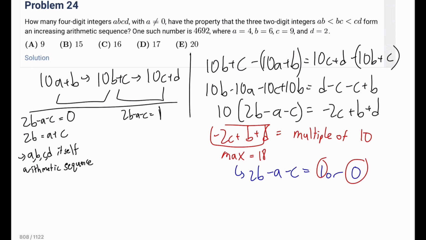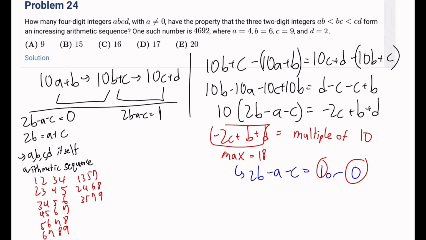And so those values will give us numbers that are 1 2 3 4, or what else can there be? 2 3 4 5, 3 4 5 6, 4 5 6 7, 5 6 7 8, 6 7 8 9, or it could be 1 3 5 7, 2 4 6 8, and 3 5 7 9.